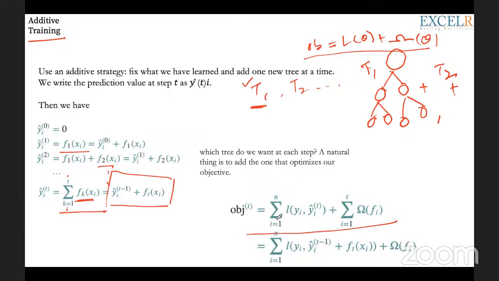Our objective function is the loss function plus the regularization term. In this loss function we have yi hat t, and we are going to replace it with this definition of additive training. Replace this with yi hat plus ft of xi, then our regularization term as it is.